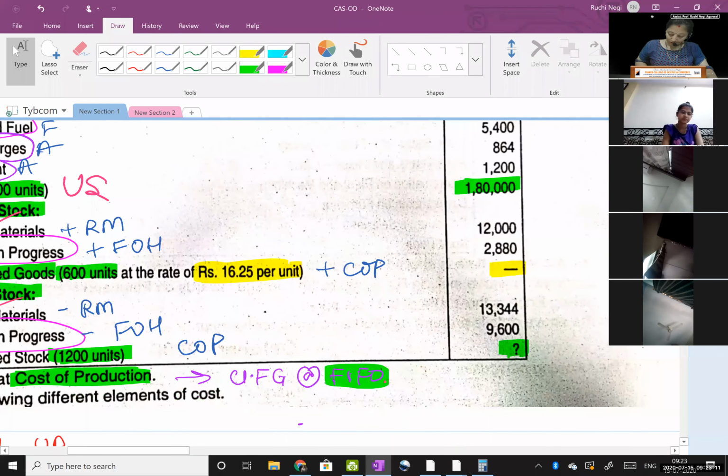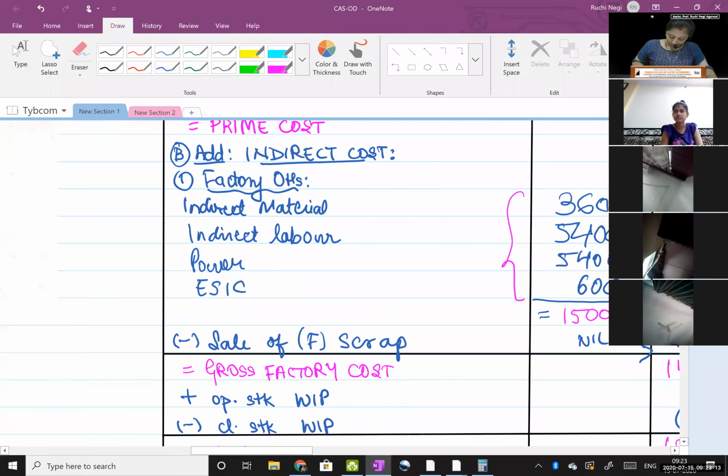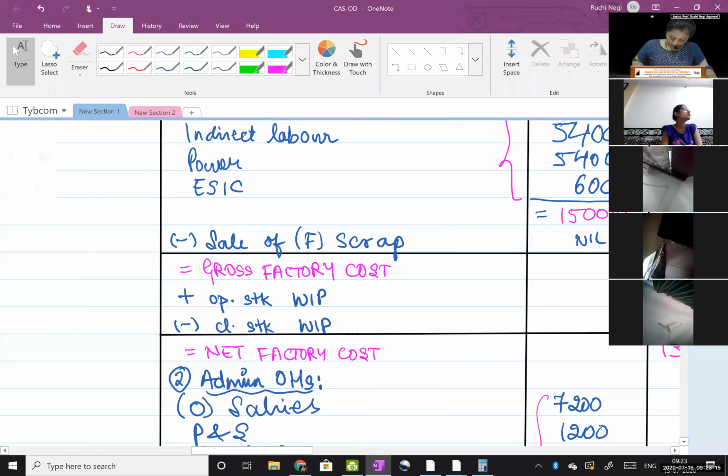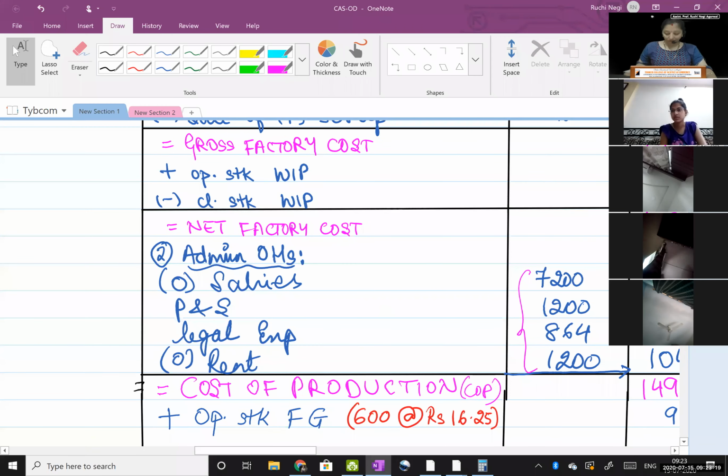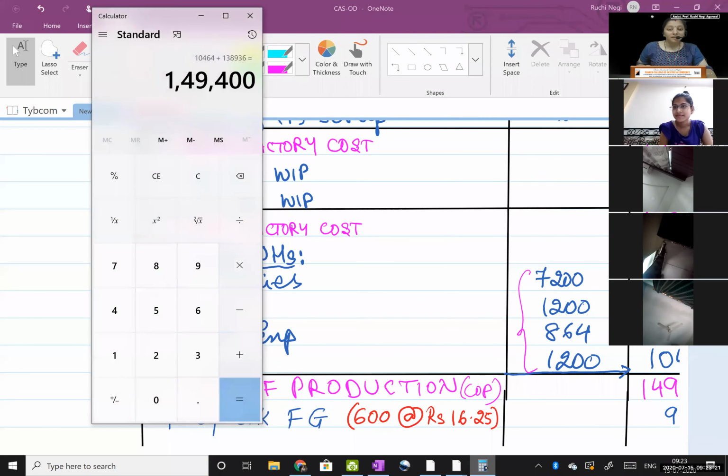So let us calculate. 600 at the rate means multiply. 600 multiplied with 16.25. 9,750 is my amount.